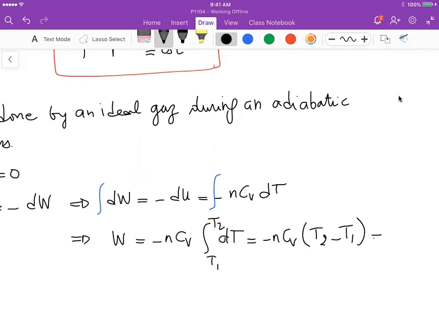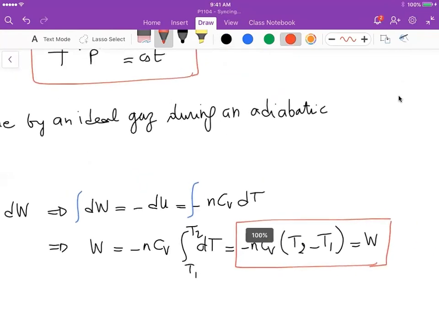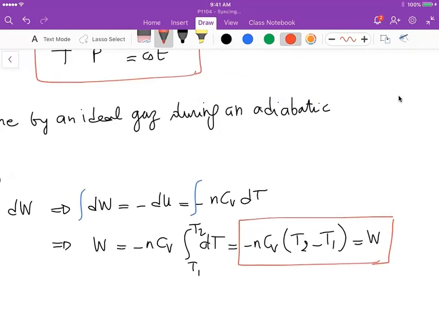And so this expression for the work, you can use it immediately without having to derive it whenever you need it. Okay, but this expression describes the work in terms of the temperatures T1 and T2. Now, maybe you don't have the temperature, and instead you have the pressure and the volume.